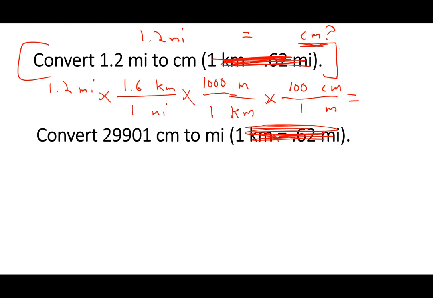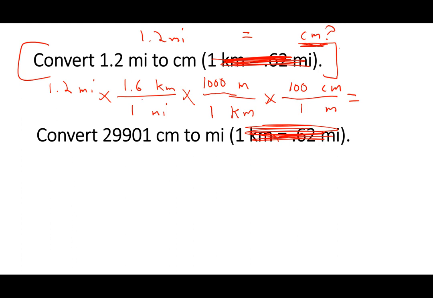How would I put this into the calculator? Well, I multiply the tops and I divide by the bottoms. So in my calculator, I put 1.2 times 1.6 times 1,000 times 100 divided by 1, doesn't change my answer, divided by 1, and then divided by 1.